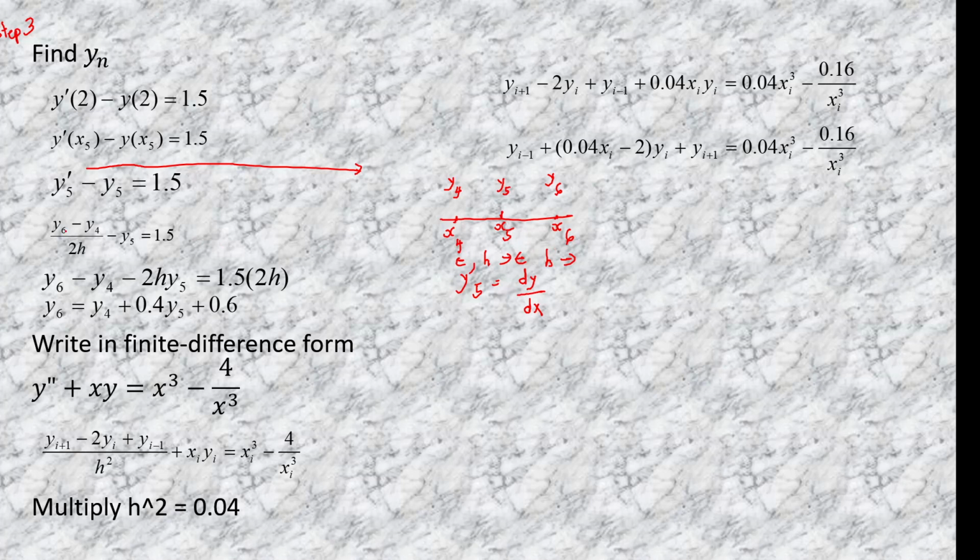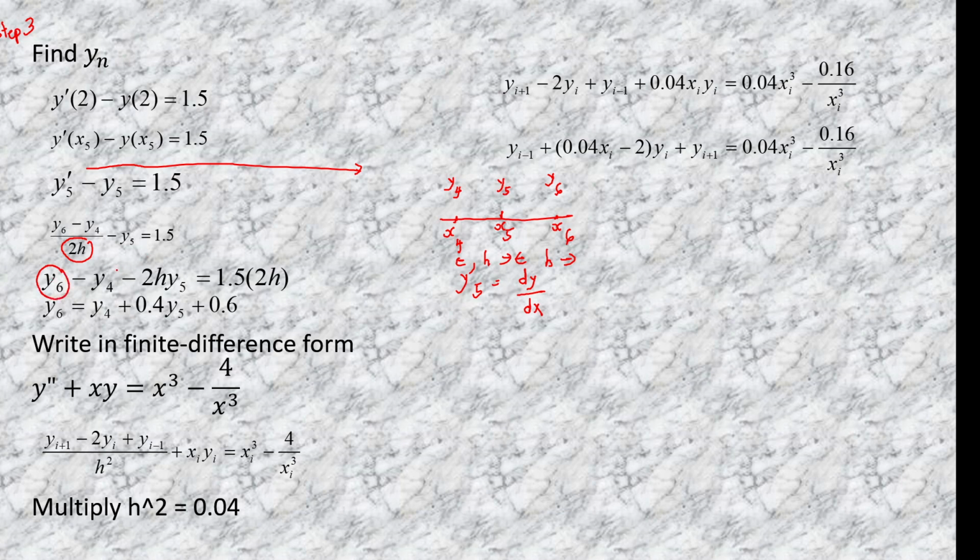So you get y number 6 minus y number 4 divided by 2h, minus y number 5 equal to 1.5. And then to eliminate the division by 2h, multiply every term by 2h. So you have y6 minus y number 4 minus 2h y number 5 equal to 2h multiplied by 1.5. Later on, express y6.